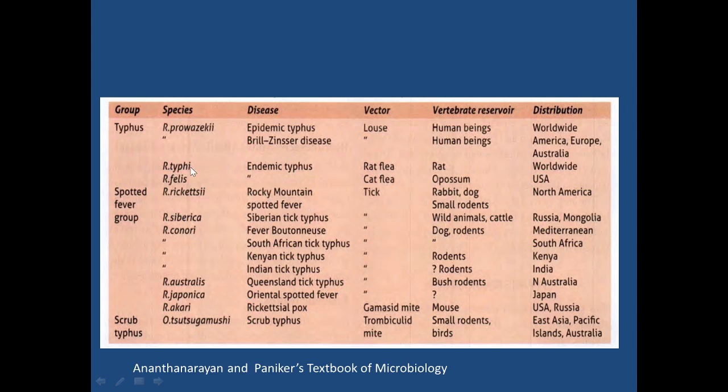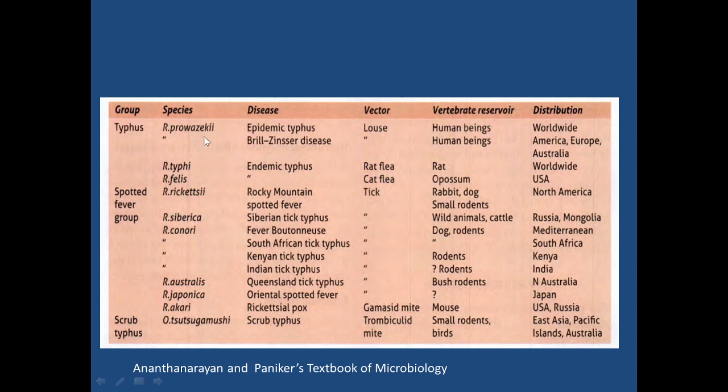Another important one is Rickettsia typhi, which causes endemic typhus, and it is spread by the rat flea. This is also found especially in cold places like Himachal Pradesh, Jammu Kashmir, China.